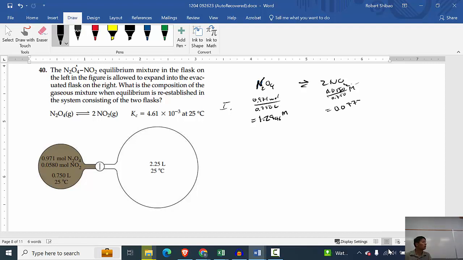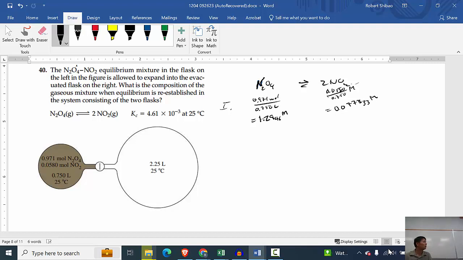A lot of calculators are doing these as fractions, which prevents rounding error, so it depends on yours. Let's continue on.